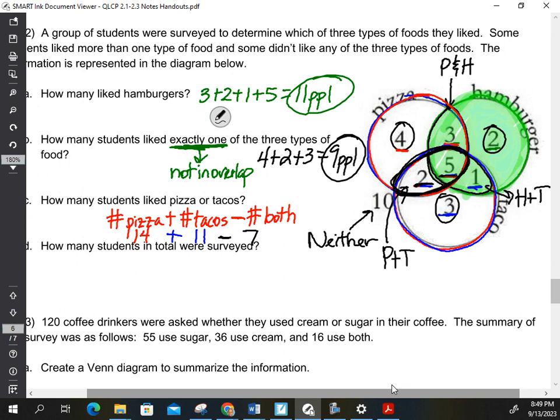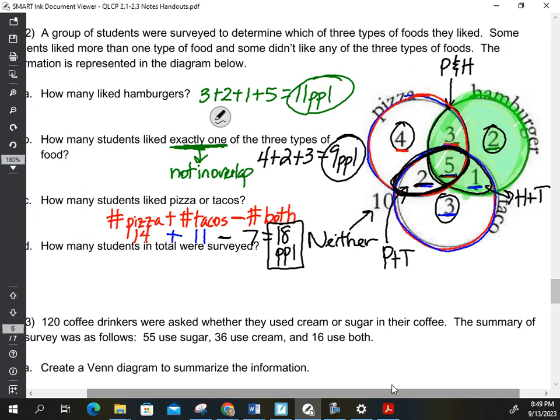Because technically, by subtracting them out, you're taking the ones that you're counting twice. You don't want to count anybody twice, based on the way that they asked this question. So your answer here, 14 plus 11 minus 7, 18 people. So that's 18 people.